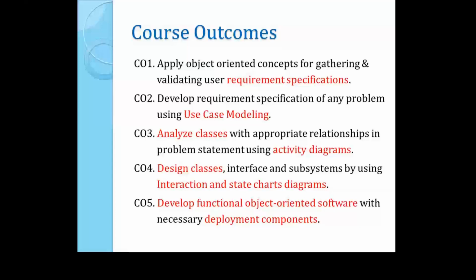Here you will design the classes and make them ready for implementation. And fifth one is where you're going to develop the functional object-oriented software. So you will be implementing, testing and deploying. All the remaining phases will be focused on in your fifth unit. So this is your unit-wise introduction and the COs which you will be focusing on.